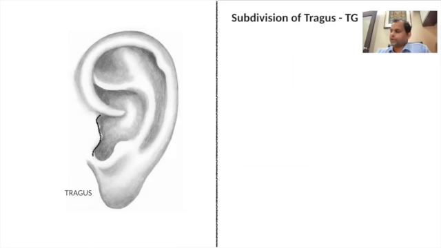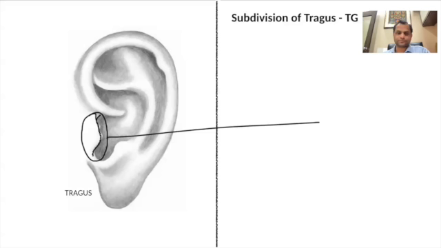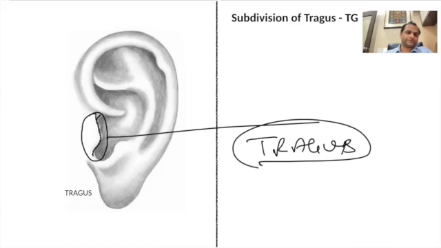So we can see the ear. This is the part of the ear which is called tragus. ये हमारे कान का वो भाग है, इसे हम कहते हैं ट्रैगस और शॉर्टकट में कहते हैं टीजी.